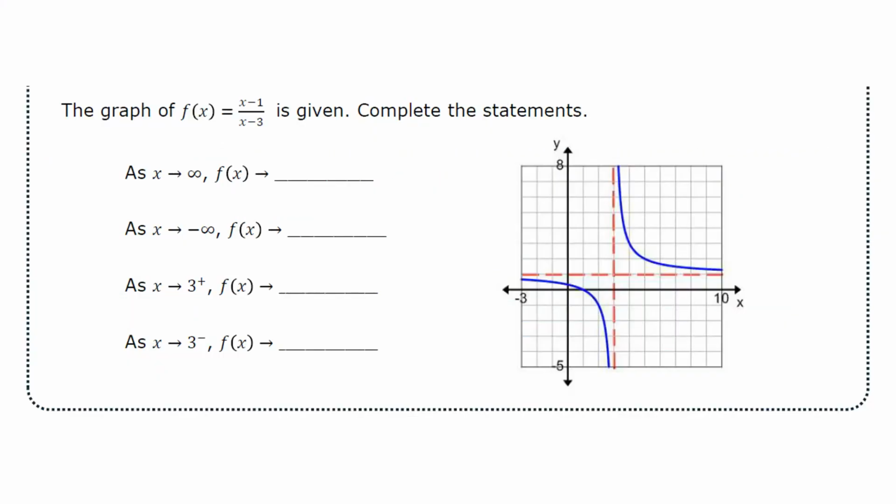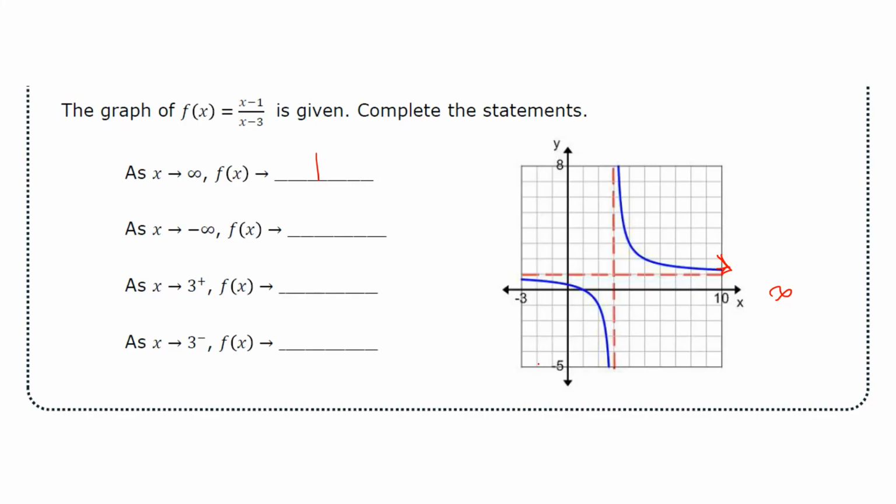Now we can apply that to this function f of x and complete these statements. As x is approaching infinity, so as x is getting bigger, f of x or y is approaching 1. It's right here. As x goes to infinity, our graph is going towards that horizontal asymptote.